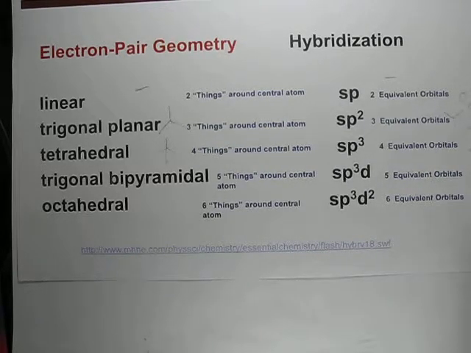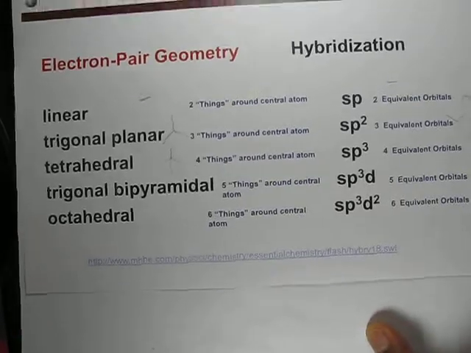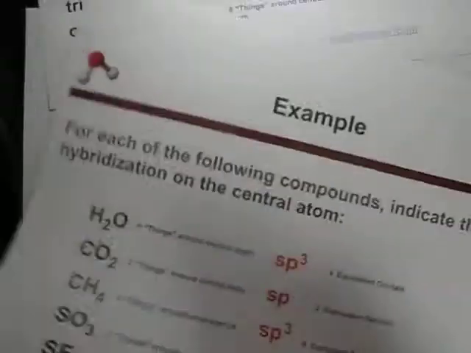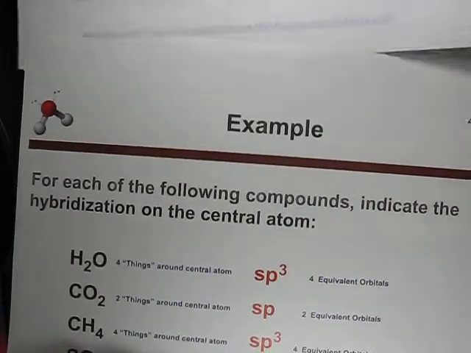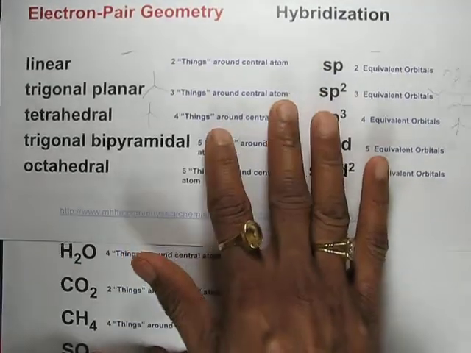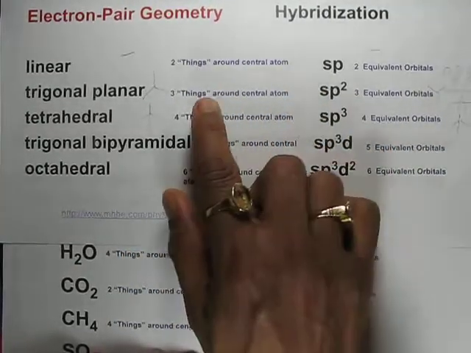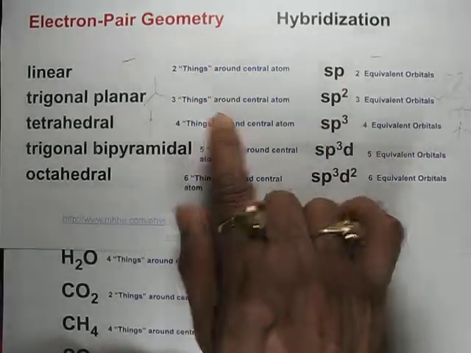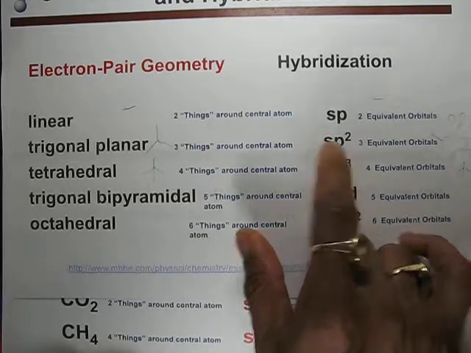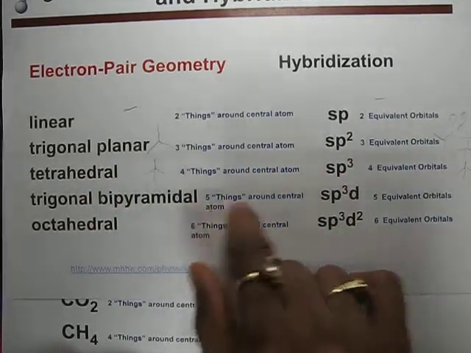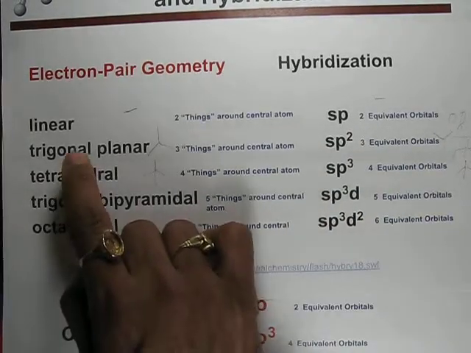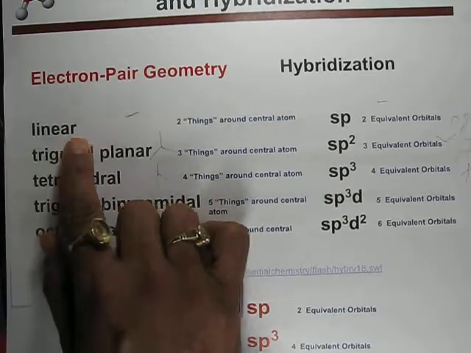So let's see some examples about electron pair geometry and hybridization. You can see this is a very important slide, so you must remember or memorize that when there are two things, it is sp, then three things sp2, four things sp3, five things sp3d, six things sp3d2, and these are the electron pair geometries.